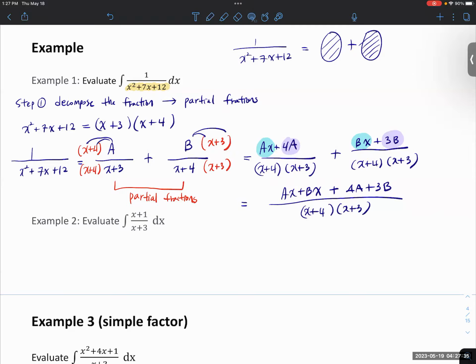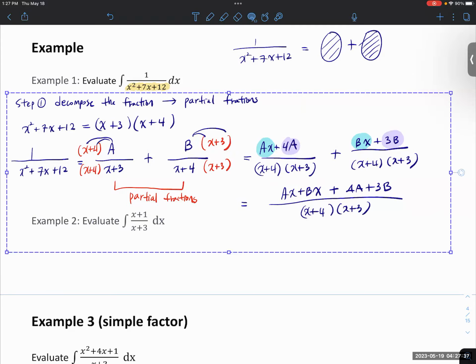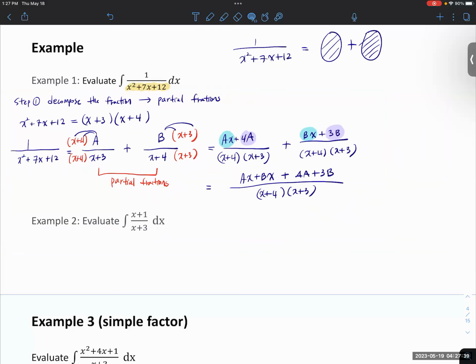Are you following? Let me minimize a little bit. Now I can rewrite it. The denominator here, and then the numerator: x times A plus B, plus 4A plus 3B. So what I'm saying is, this is going to be the x family.